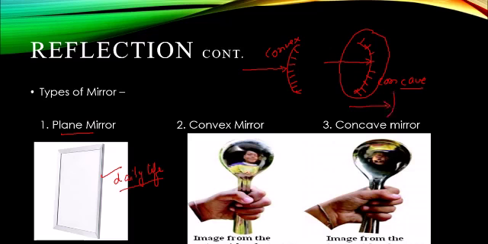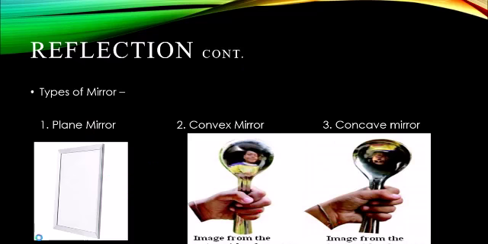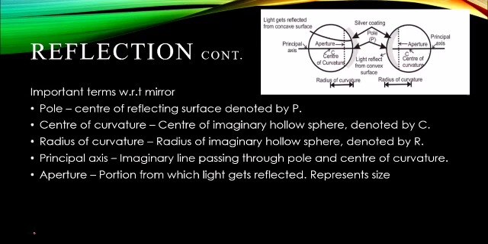You can see the spoon: when you look from the inside, the cave-like structure, that inner side of the spoon is concave, and the outer side is convex. Next come some terms.